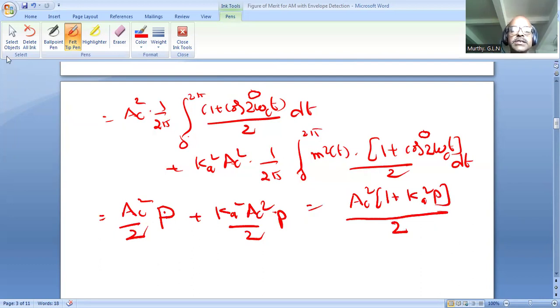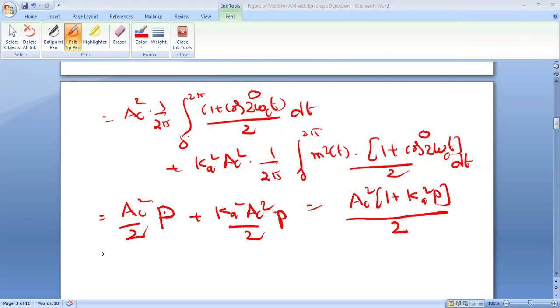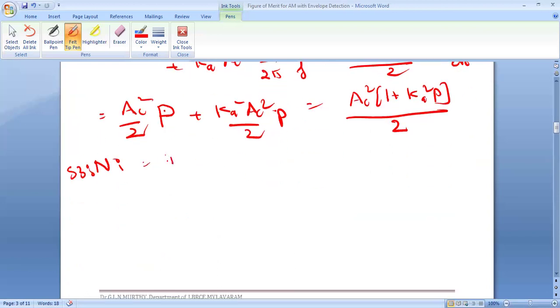Now, once this is estimated, we immediately move to estimation of the input noise power, Ni. In our previous lecture, we have already mentioned that estimation of input noise power is common to all the modulation schemes.